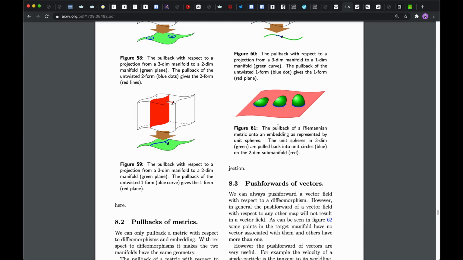And pullbacks with a diffeomorphism, as far as I remember in that article, are not very interesting because the pullback forms will be just some kind of smooth transformation of the original ones. So basically you will just transform the surface in a smooth way, and that's all.